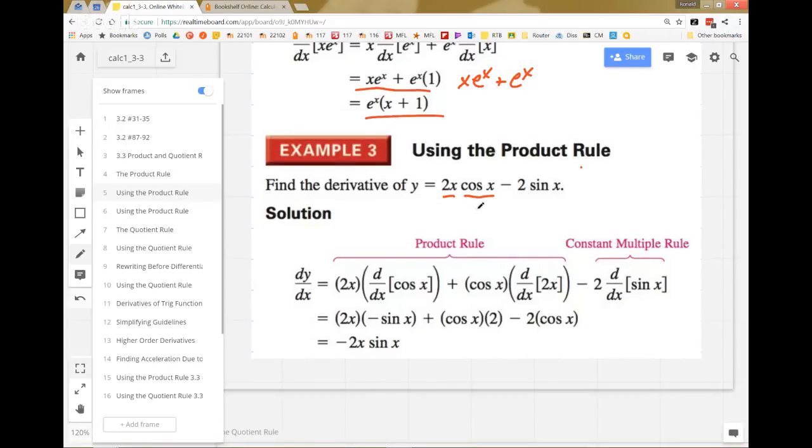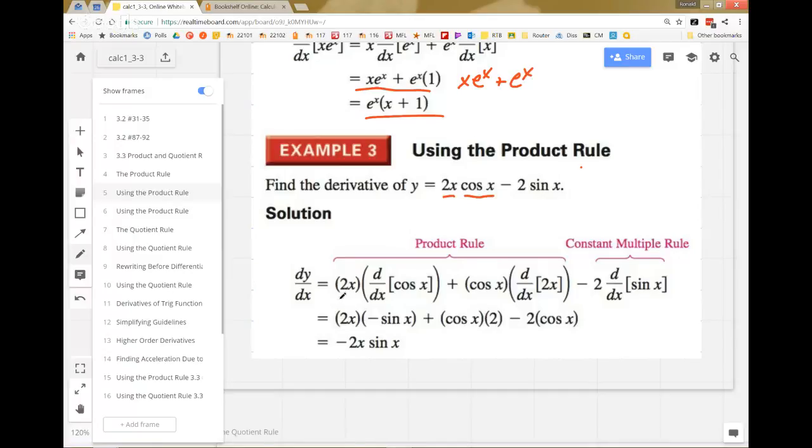We need to do the product rule on that part. And this thing on the end, minus 2 sine x, that's just the constant multiple rule. But first, let's handle this product, 2x times the cosine of x.